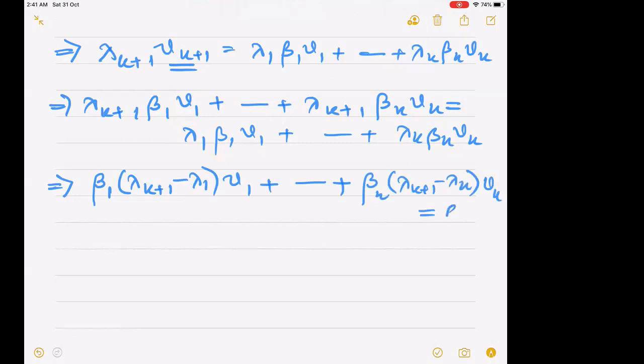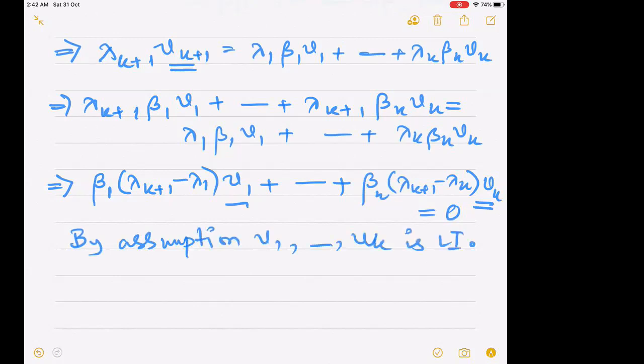This is equal to 0. But by assumption, this v1 up to vk, there are k number of vectors. For k number of vectors, we have assumed that the statement is true. So by assumption, v1 up to vk is linearly independent.